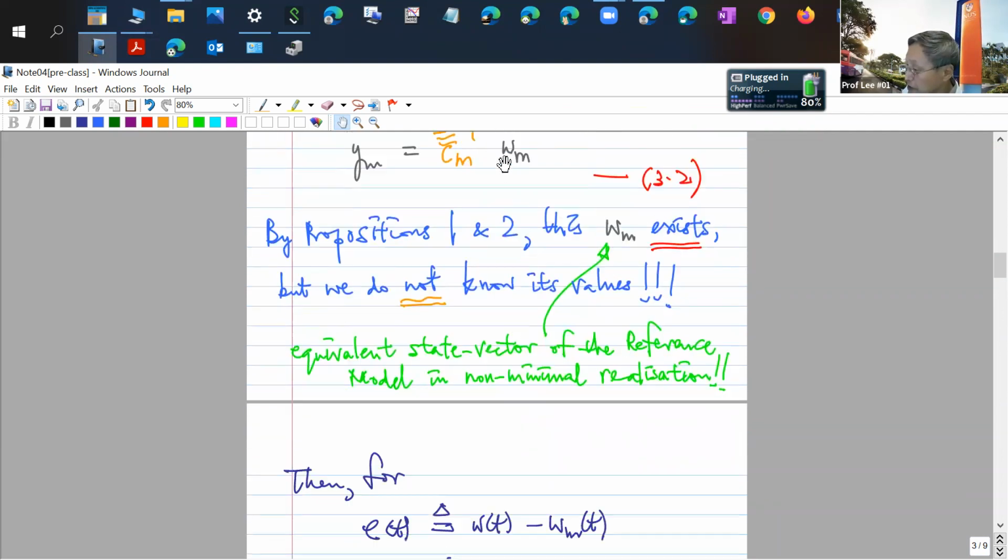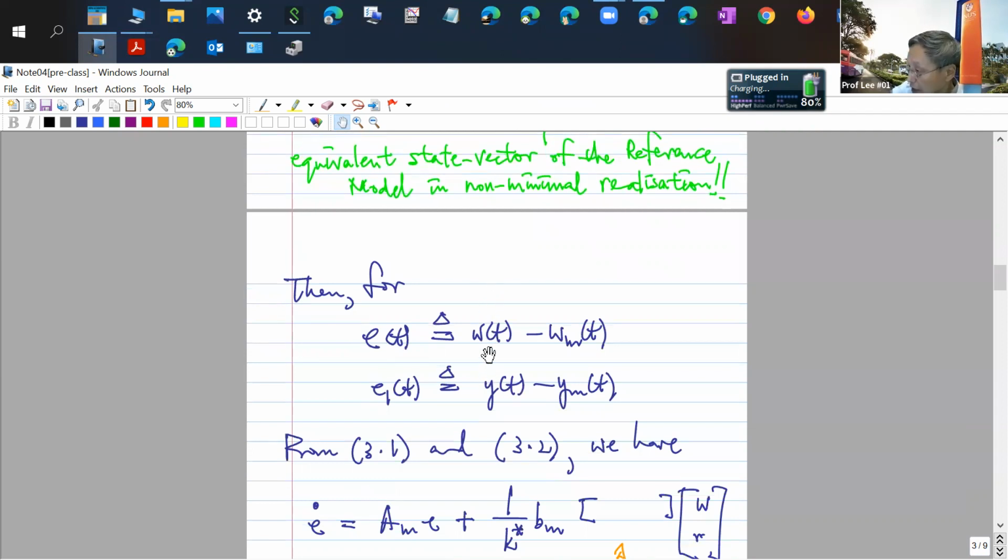Then of course the 2n signals which I generate: first the n signals with 1/t filter with y as input, and another n signals with 1/t filter with u as input. These I have because I generate them. This one exists conceptually, and I can still define a state tracking error. It's still correct, even though I no longer can use it because I don't have this omega sub m. Then I also can identify an output tracking error.